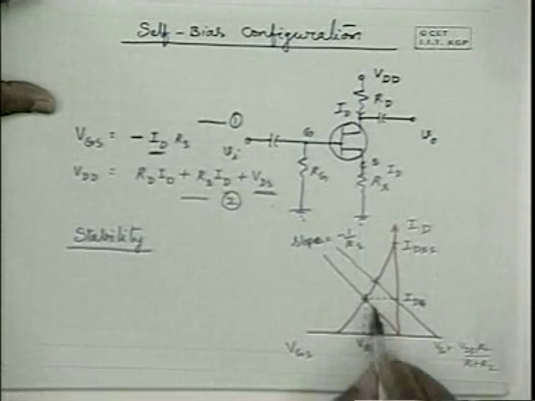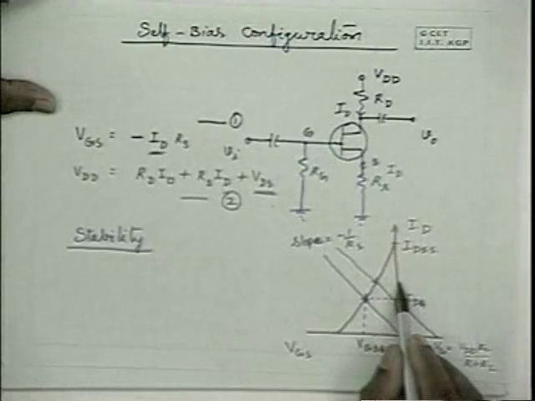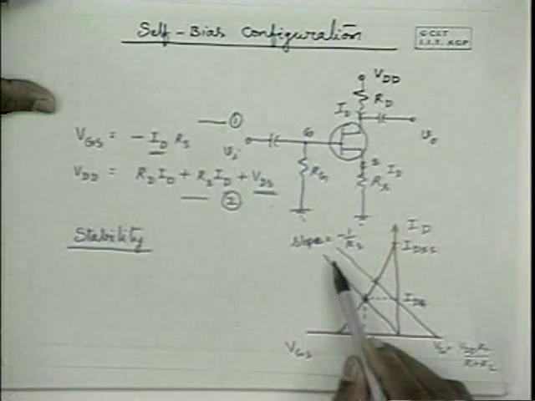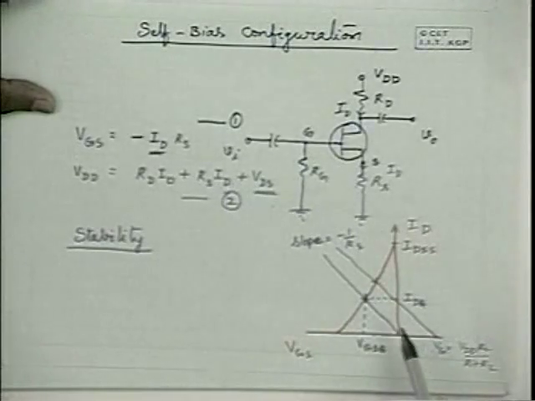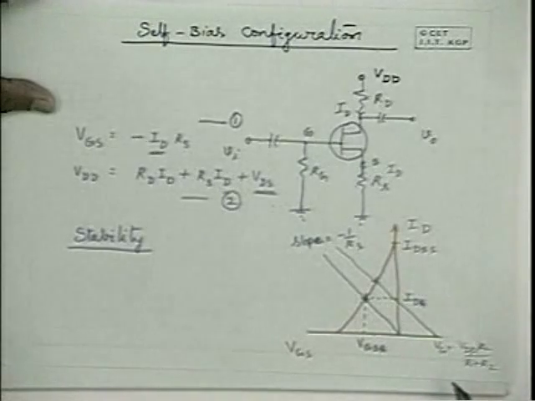Therefore VGS would be less than that and ID would be larger than the previous one. Right? So how much deviation is required depends on your Q point. So you provide that particular VG. So that is the difference.